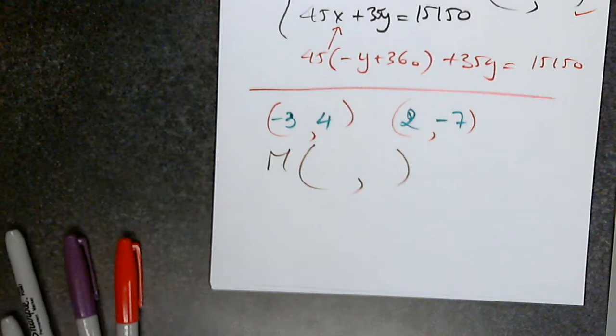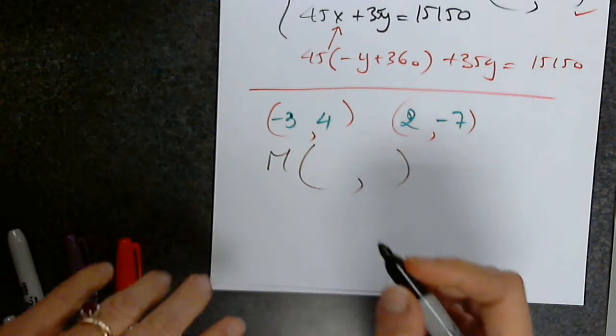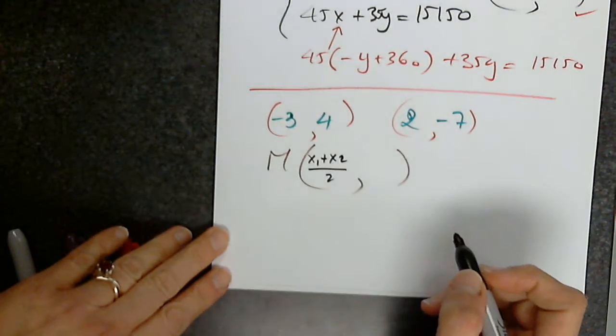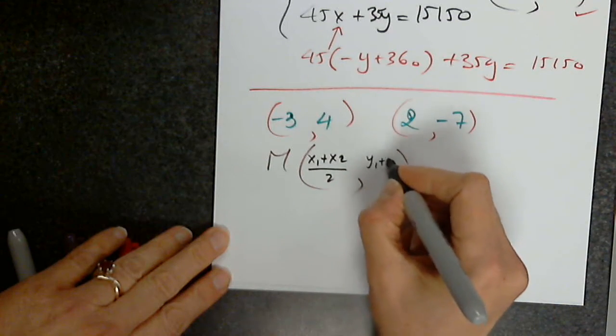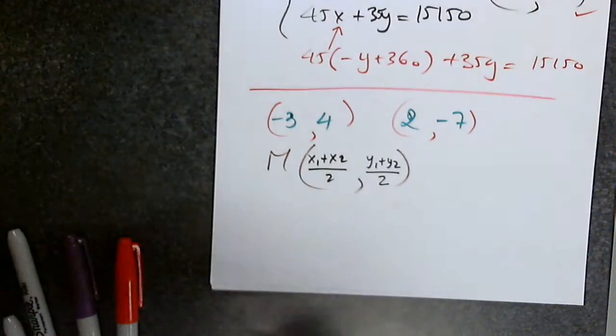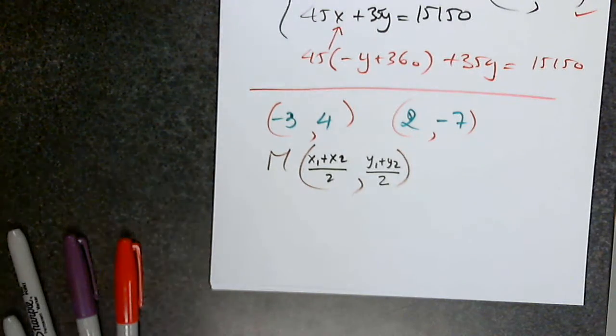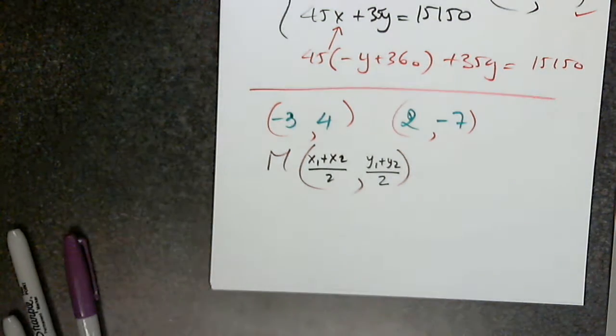And then how do we get the midpoint? The average. Very good. x1 plus x2 over 2, comma, y1 plus y2 over 2. So please add up the x's.